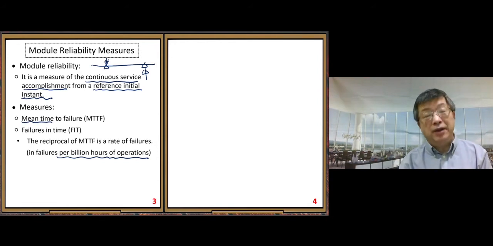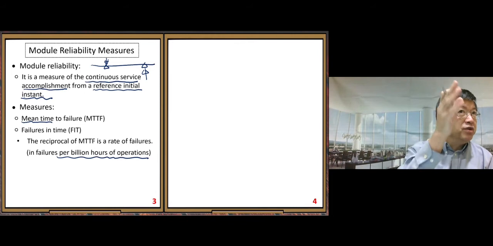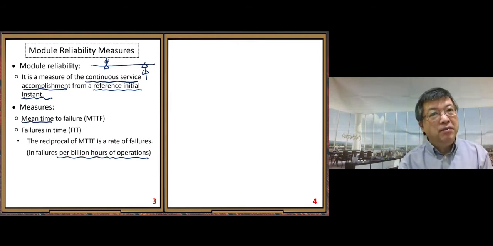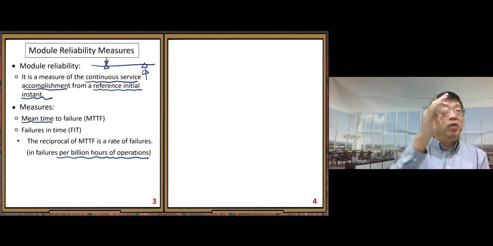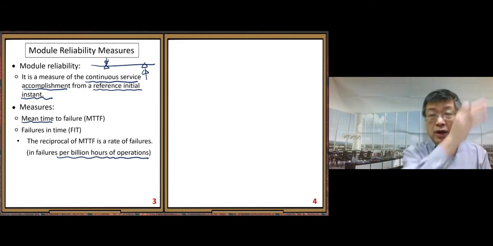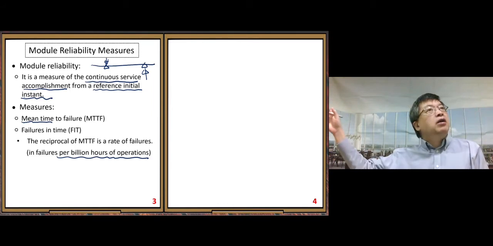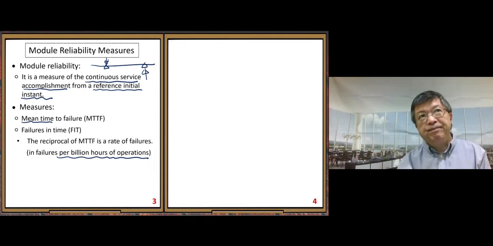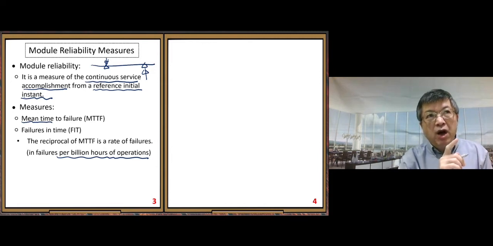Why is that? Think about if we use the same example, 1 million MTTF. We take the reciprocal, then you will get a very small number, right? So 1 millionth, that is 0.00, many positions after the decimal point, too small. This kind of measure is not good from the human psychology.